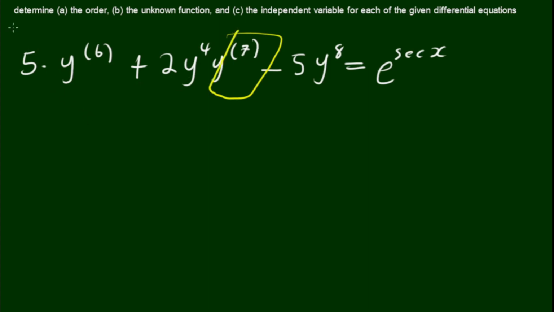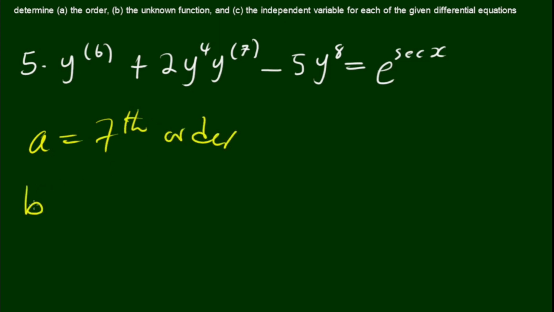In that case, A will be 7th order, and B, that's the unknown function, will be the function of Y. Because of this, you can write it as d7y.